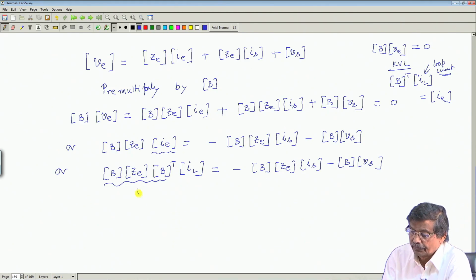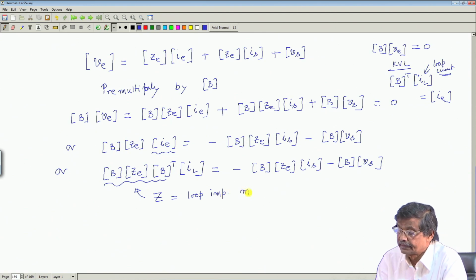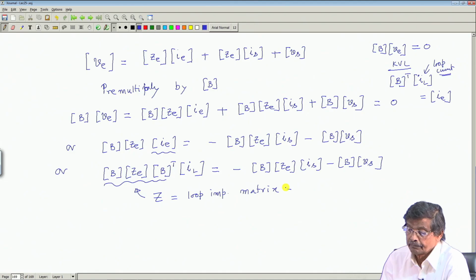So, this one, if you call it Z, is called the loop impedance matrix. So, this will then be equal to Z into I L.